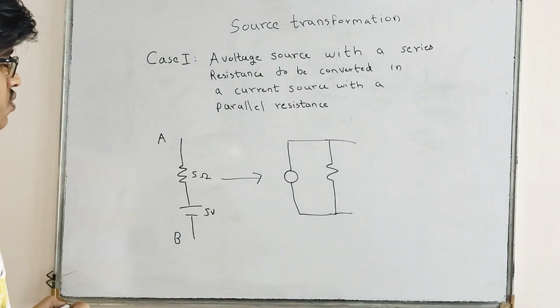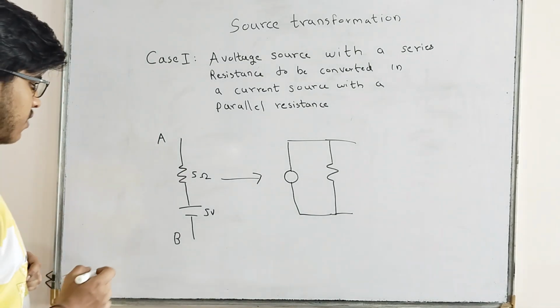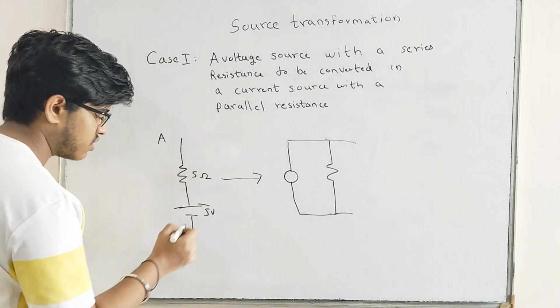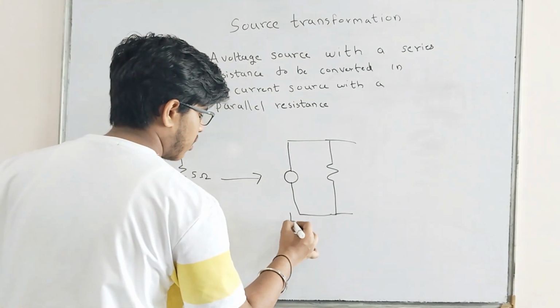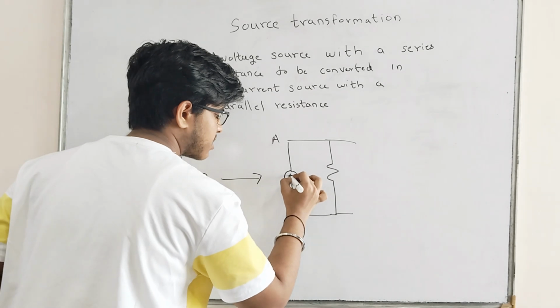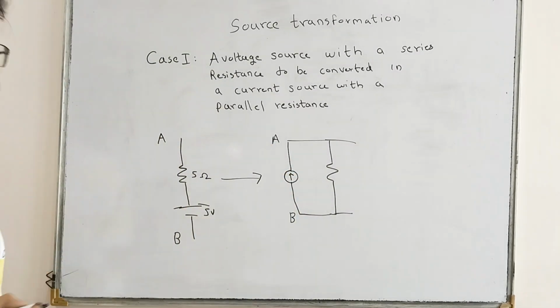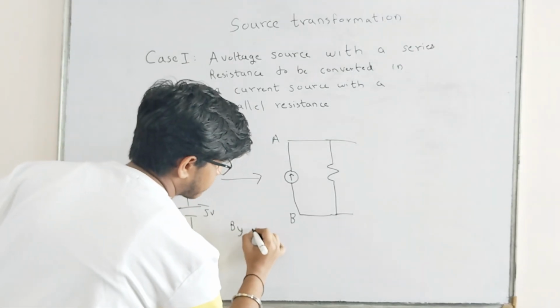Now let us determine the direction of the current. The voltage source has a direction B to A, so my current direction will also be from B to A. Let us mention it like this. Talking about the magnitude, we will determine it with Ohm's law.